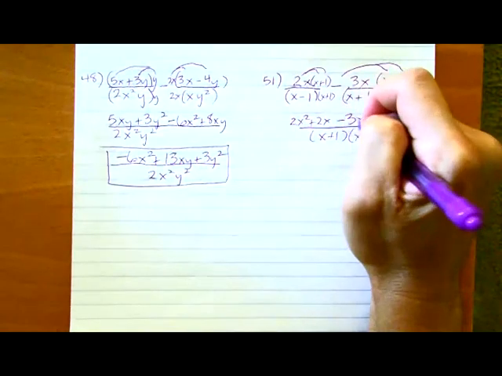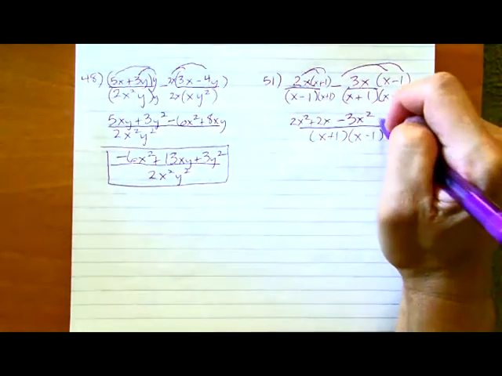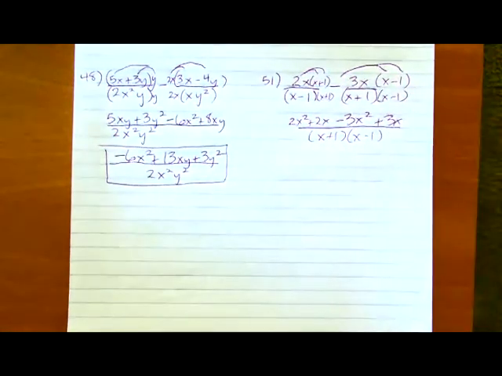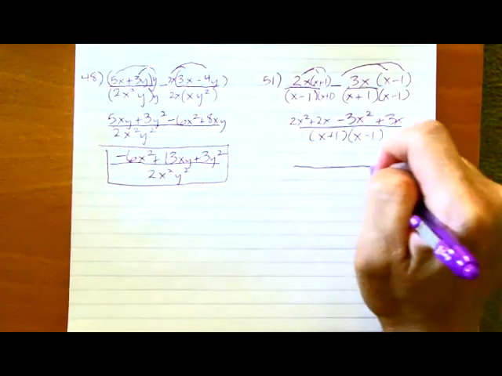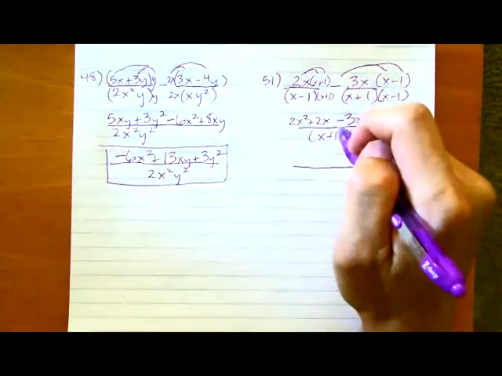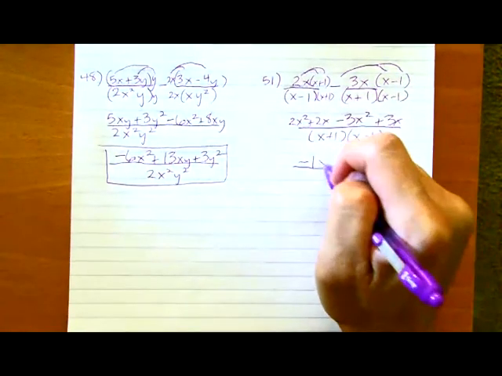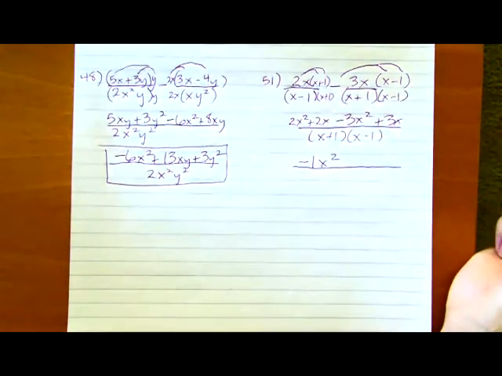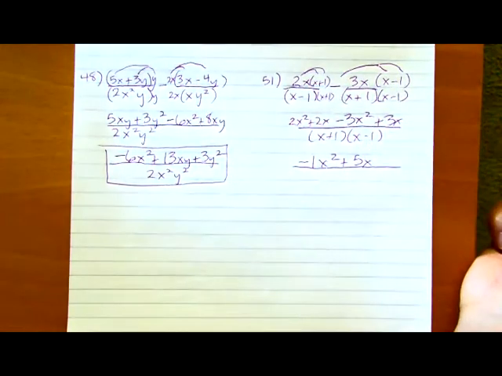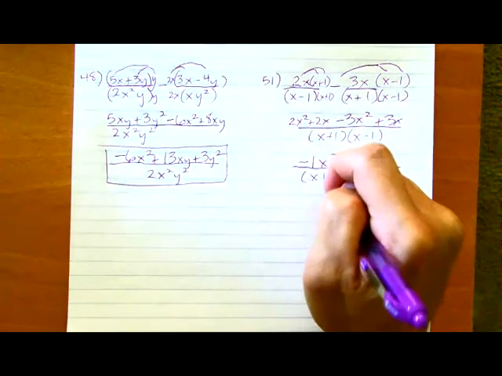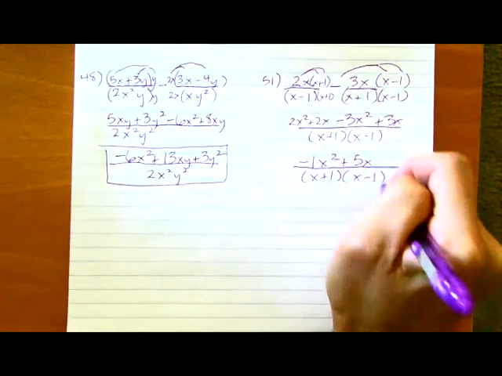Negative 3x to the second plus 3x. Okay, all we got to do now is combine. Negative 1x to the second plus 5x over x plus 1 and x minus 1.